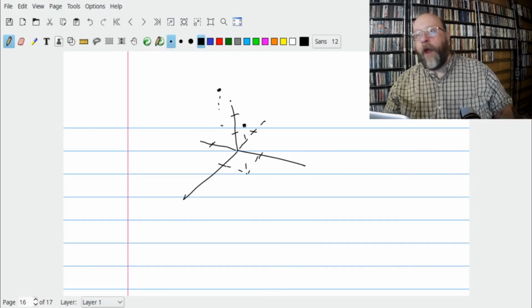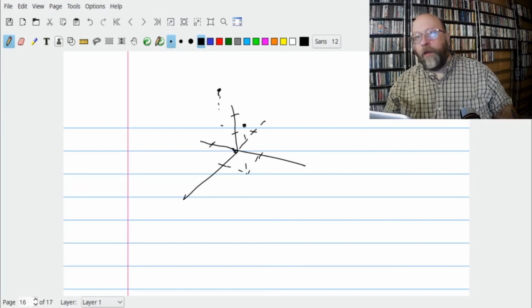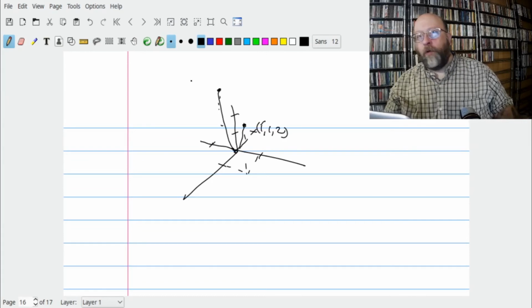But the graph between these 2 points dips down to the origin. So it goes through the origin. So this is 1, 1, 2. This is -1, -1, 2. This is the origin, 0, 0, 0.